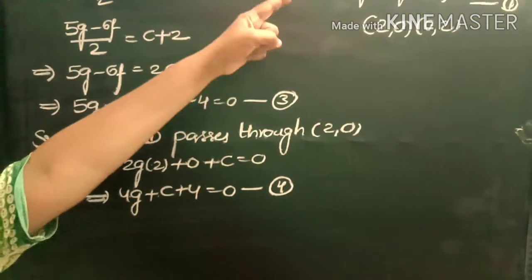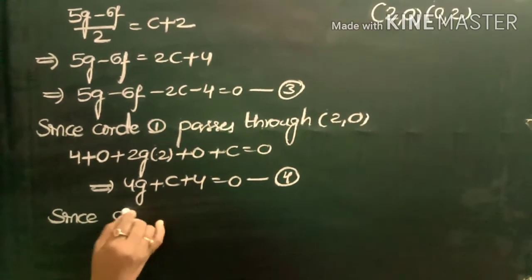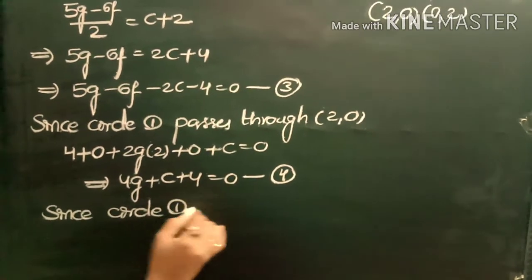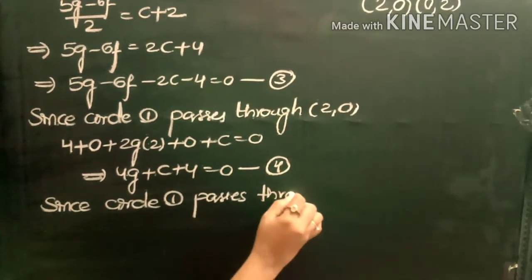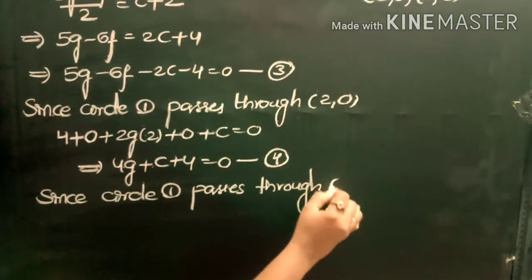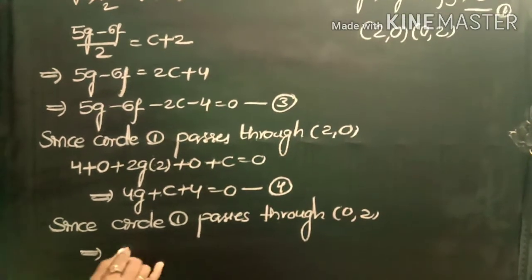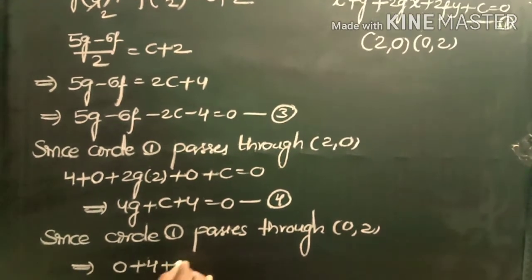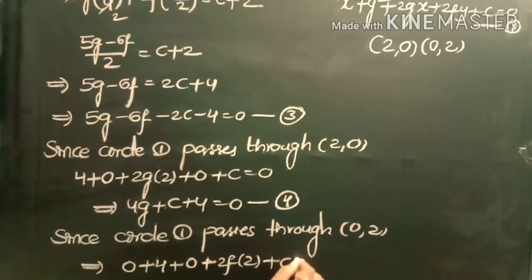Again, we are replacing the second point in the first circle equation. Since circle 1 passes through (0, 2), replacing this point there: 0 square, 0, plus 2 square, 4, plus 2g into 0, 0, plus 2f into 2 plus c equal to 0.